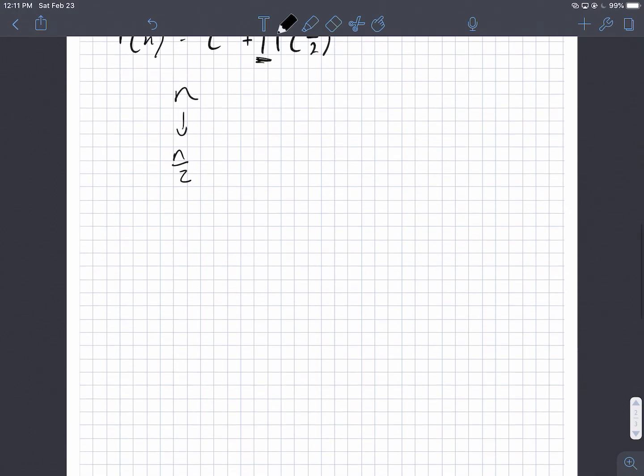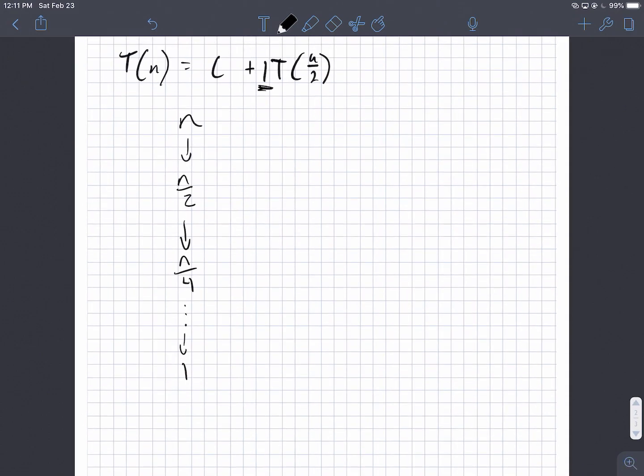And so we keep getting smaller and smaller, so n over 4. And we go all the way down until we reach our base case. And for search, our base case is a size of 1, which means we found the spot the element would be in if it were to be anywhere. So our base case is size 1.